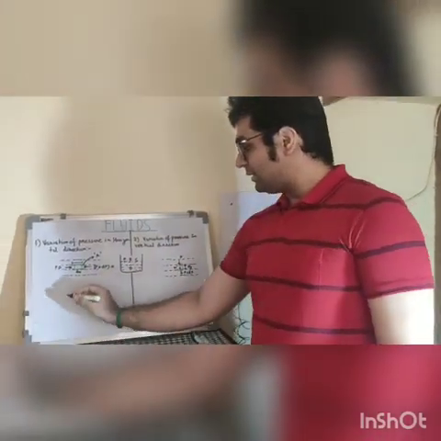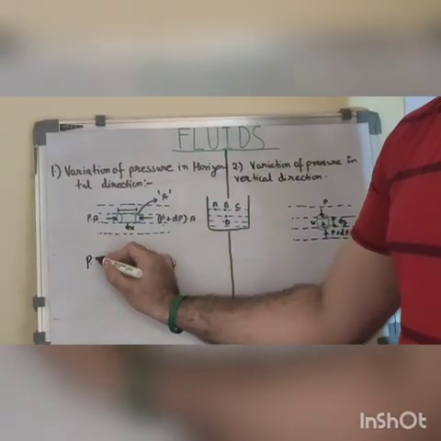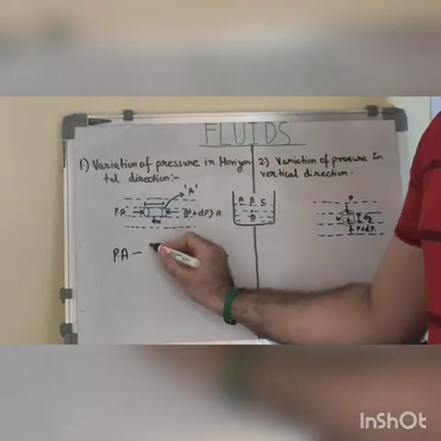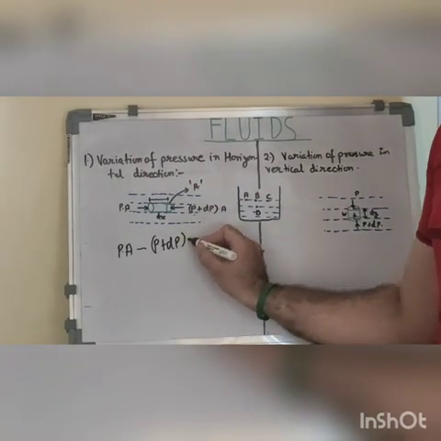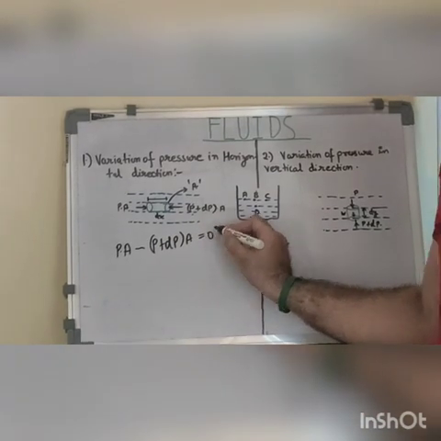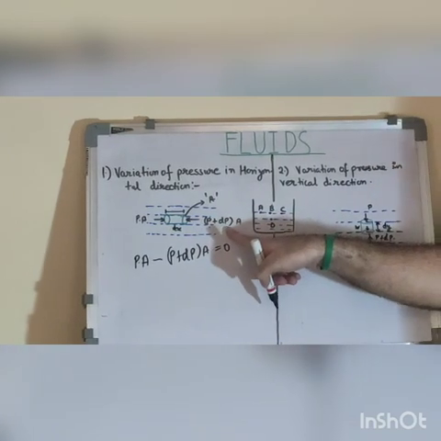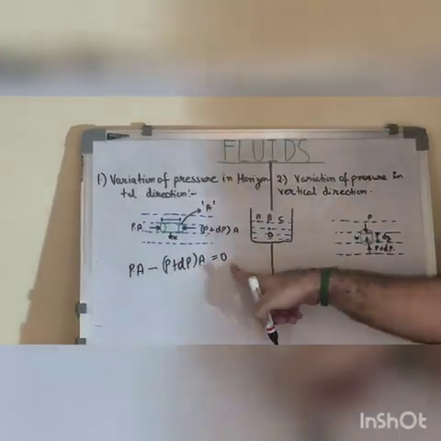So we are balancing the forces. First of all we can write P into A minus P plus dP into A, which is equal to 0. So we can see that there are only two forces acting, one from the left hand side, another from the right hand side. We are subtracting both the forces and equating to 0 for equilibrium condition.